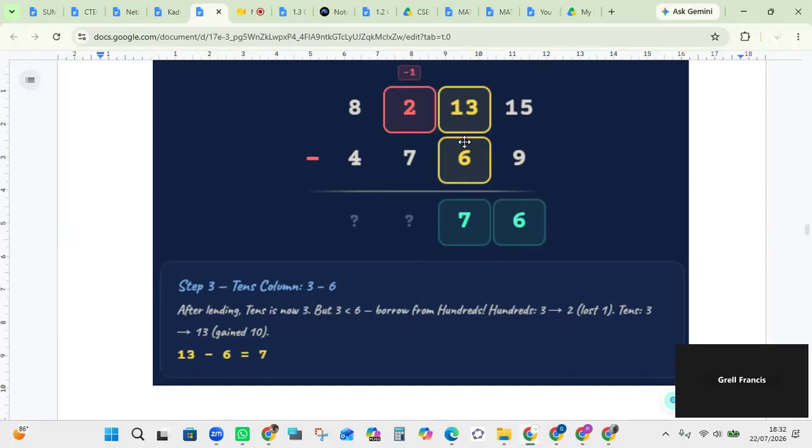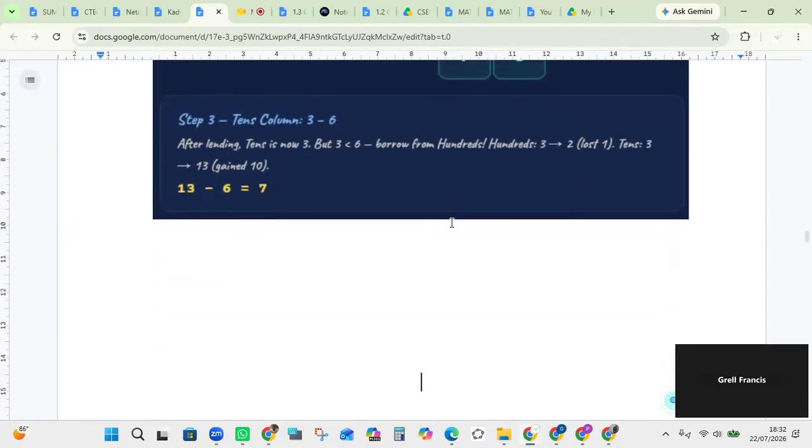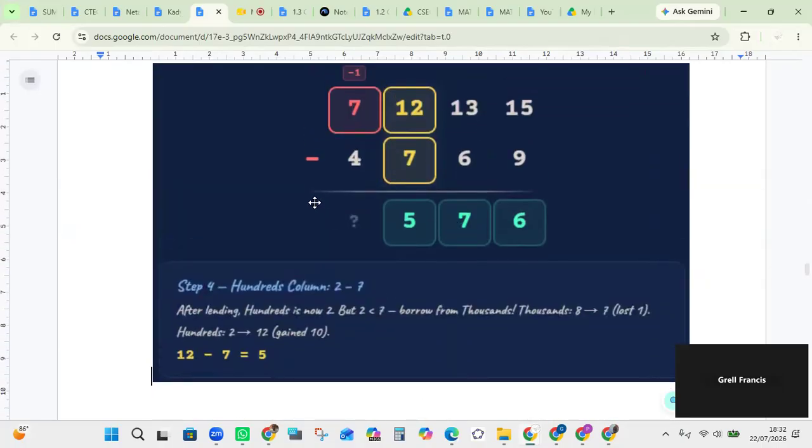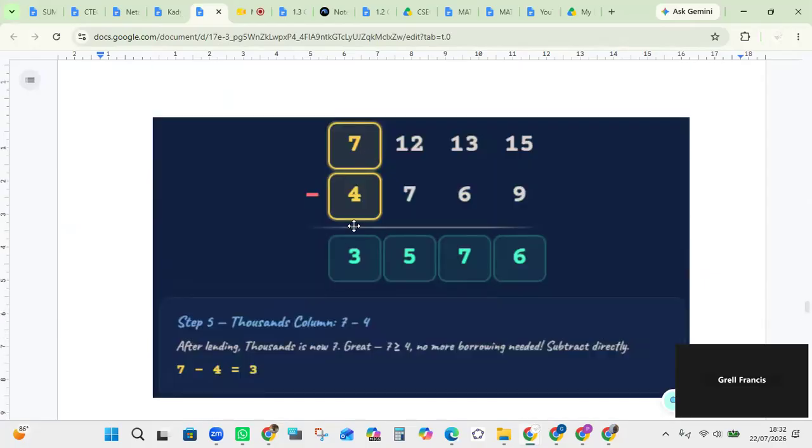And then you say 14 minus 6 will give us 8. Then you continue again. The 8 will be 7, carry to be 12. 12 subtract 7 is 5. And then 7 subtract 4 will give us 3. So the answer is 3,576.